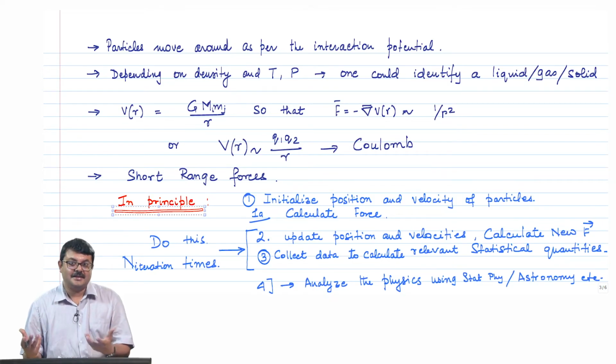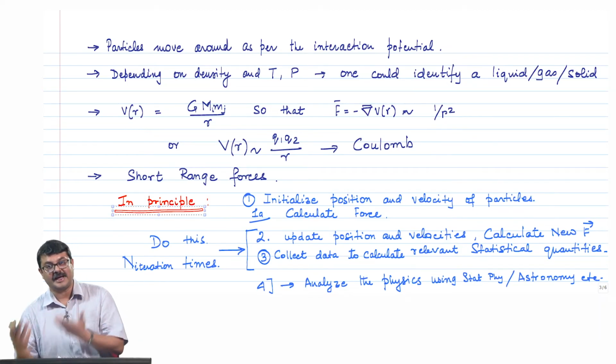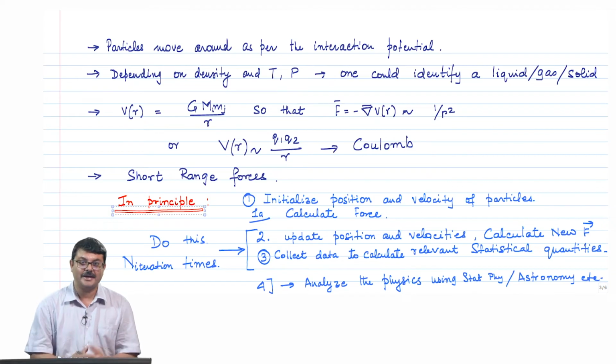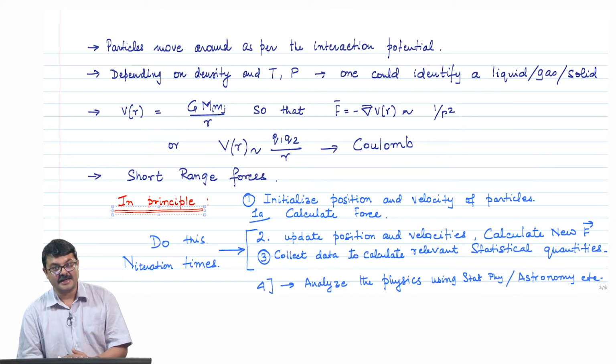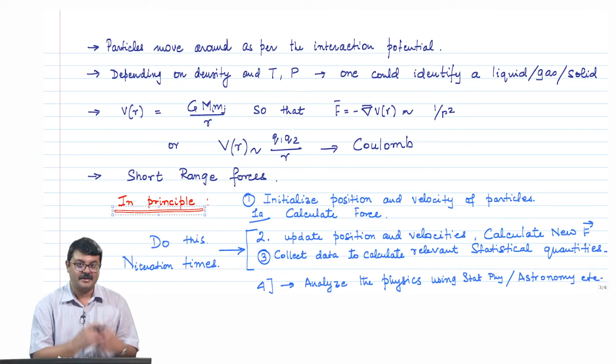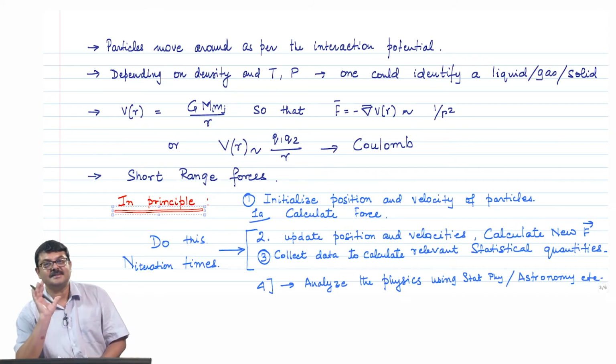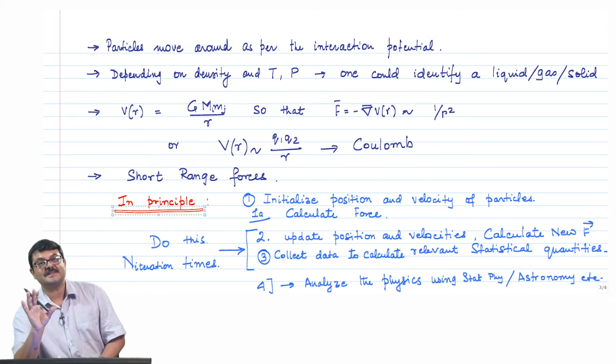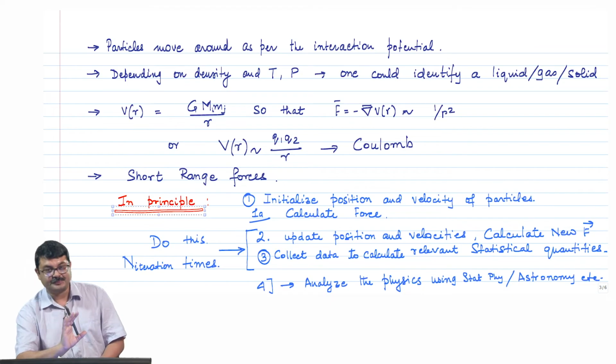Again, as I said, what you want to do with it, what potential you use, whether galaxy is your unit, or planet, or smaller particles, nanoparticles, or interacting liquids, the physics decides the V of r, but the molecular dynamics simulation just tells you how to integrate Newton's equation of motion efficiently and in a reliable manner, right.